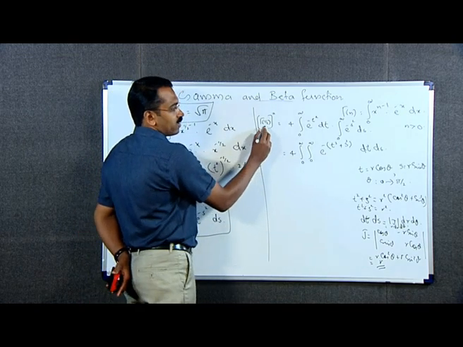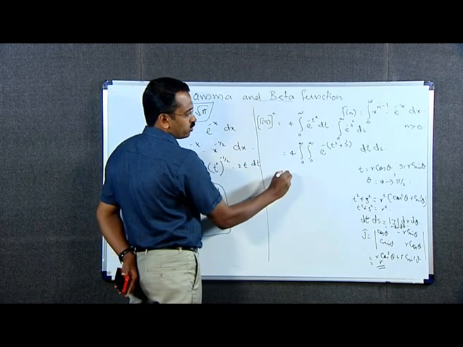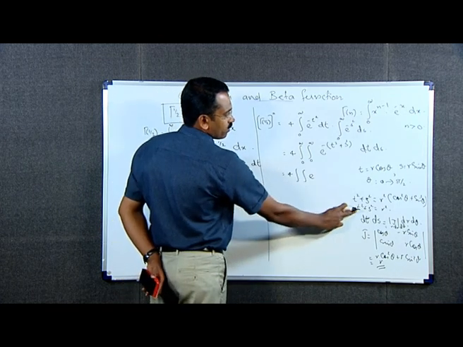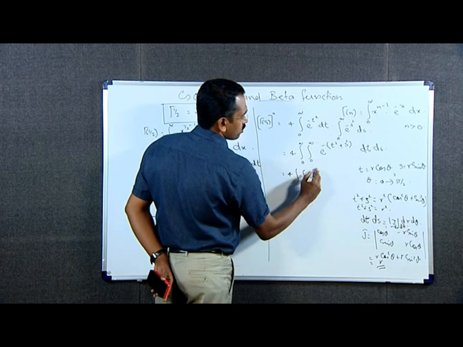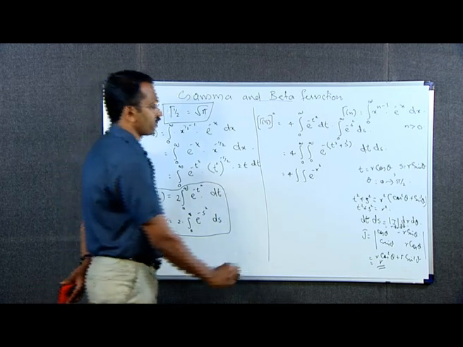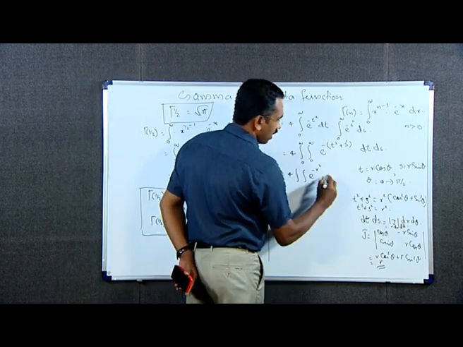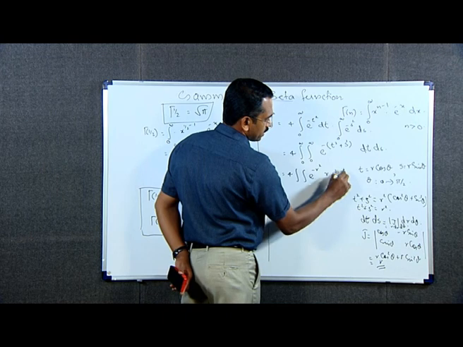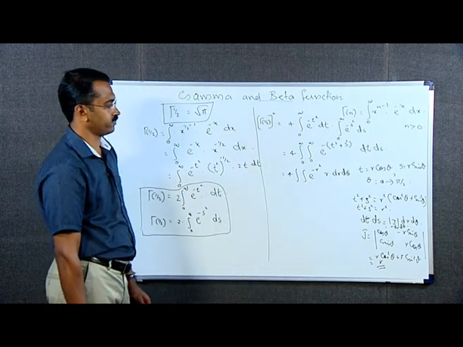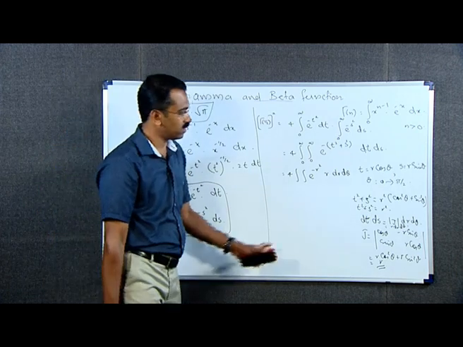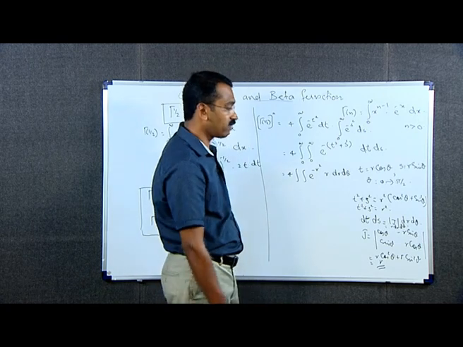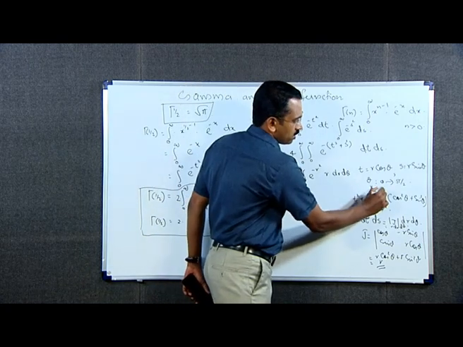So gamma 1 by 2 the whole square is equal to 4 into double integral e raised to minus r square, dt ds is r dr d theta. The limits are theta varies from 0 to pi by 2 and r varies from 0 to infinity.